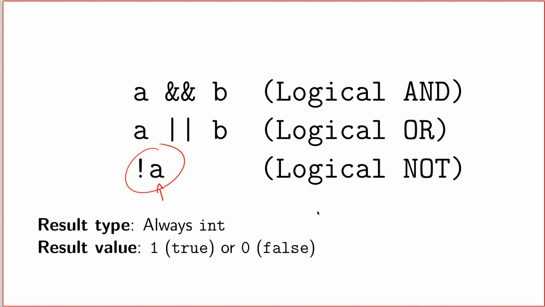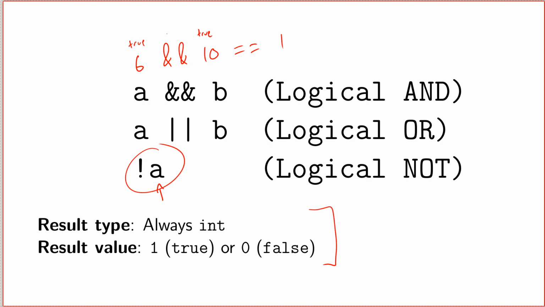Just like the comparison operators, the result type of a logical operator will always be an int. And the value of that operator will always be either 1 or 0. Of course, I could ask the question 6 and 10. And it turns out that the result of this would come out to be 1, because 6 is considered to be true, and 10 is considered to be true because it's not 0.